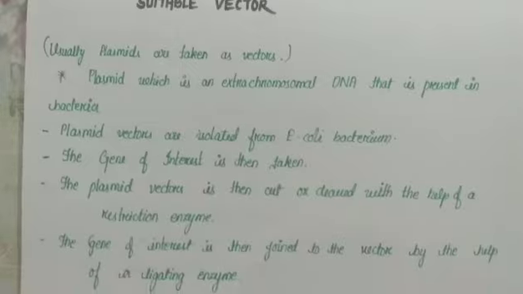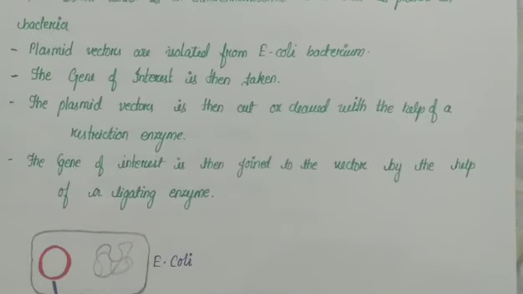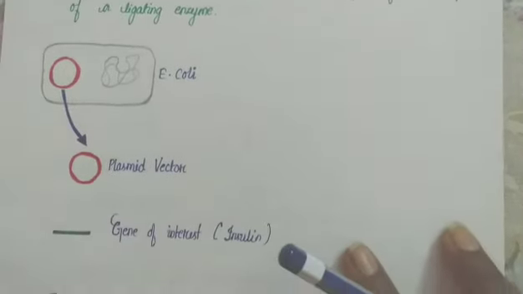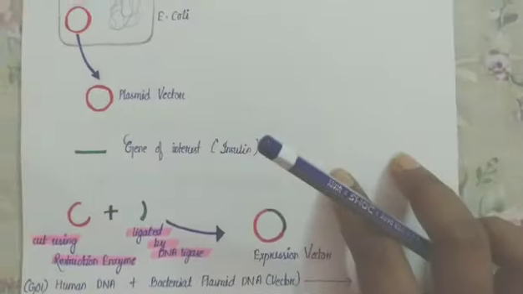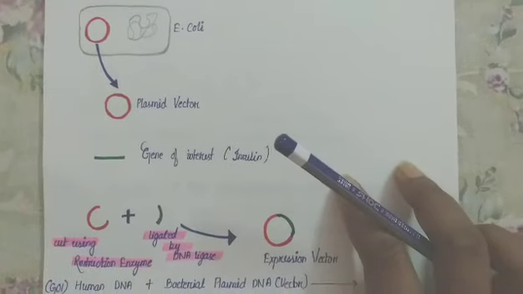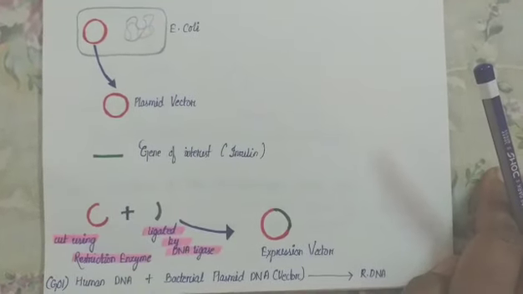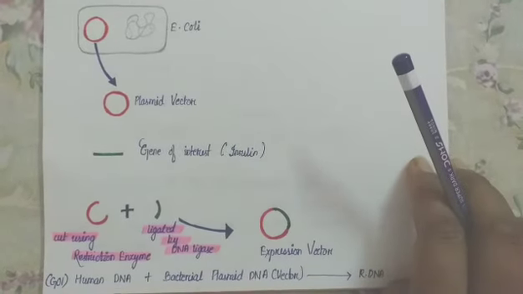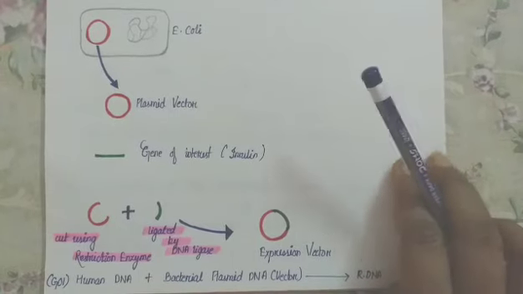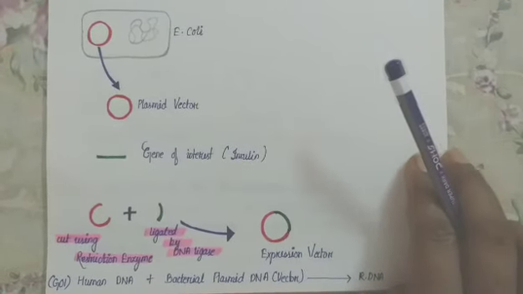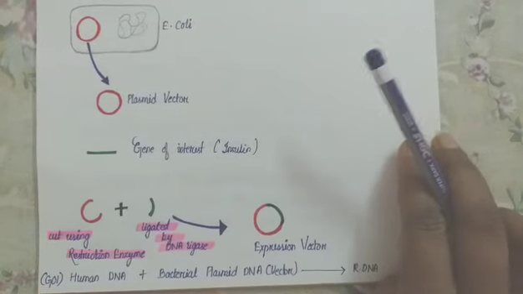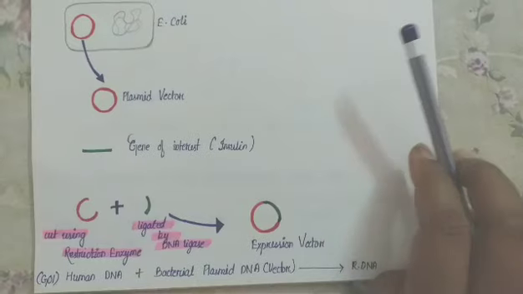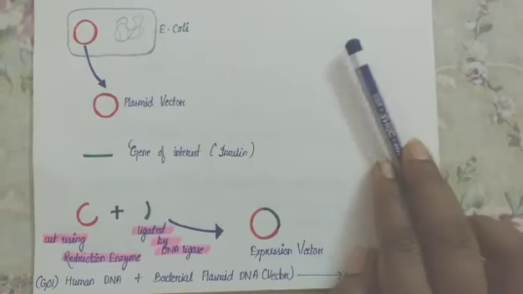As we already discussed earlier, there are molecular scissors, the restriction enzymes. So we will take out the vector from where the phages are growing. Usually we take phages. So we will take out the DNA of that phage, and then we will cut it with the help of a restriction enzyme. Restriction enzyme is used to cut the DNA.